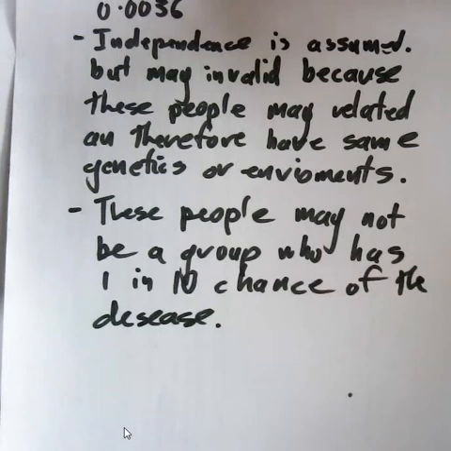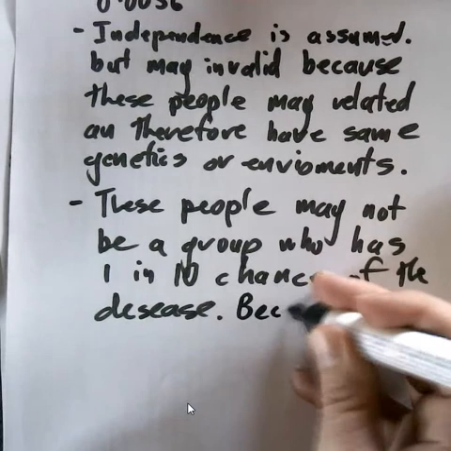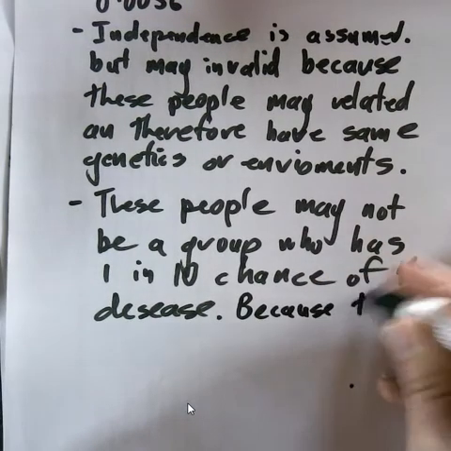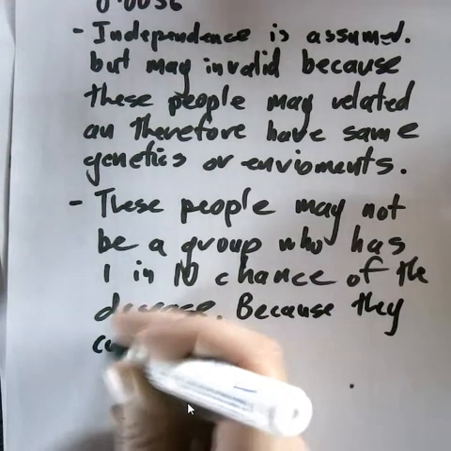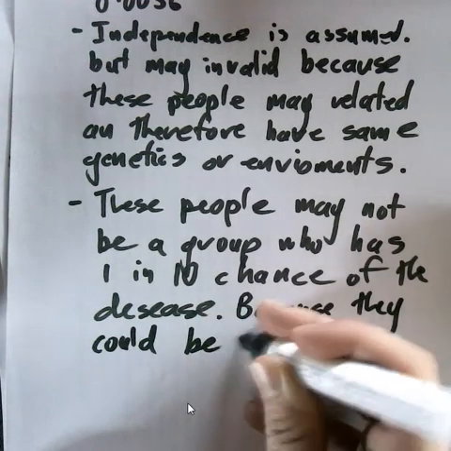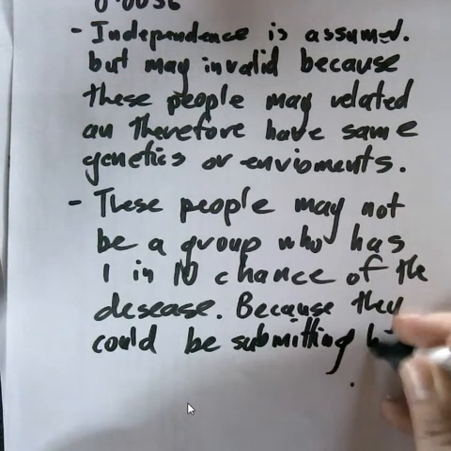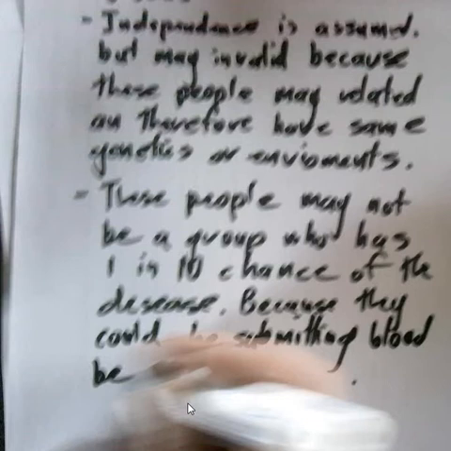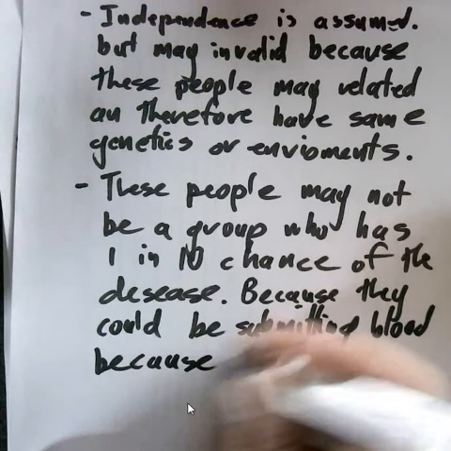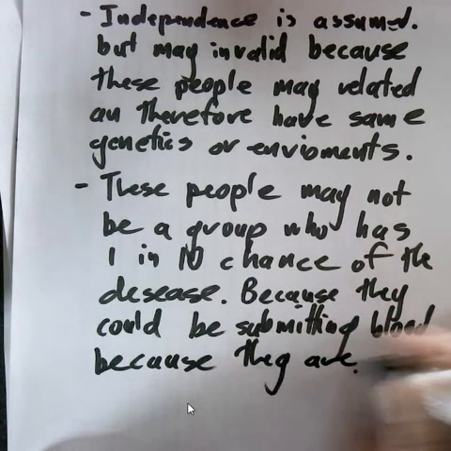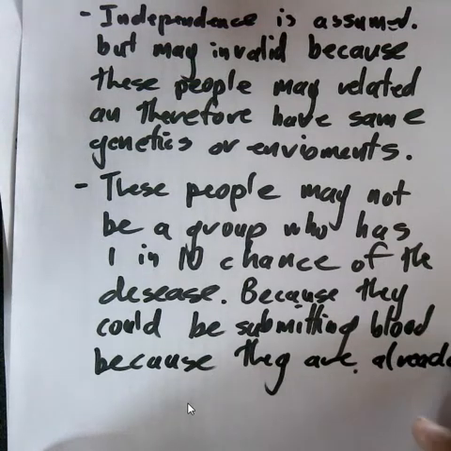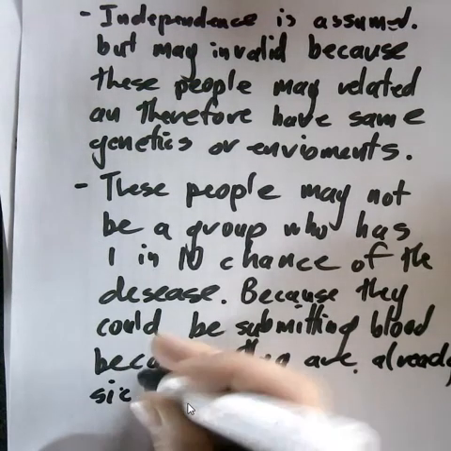I need to think about what reasons they might have to be higher risk than what we're saying. So here's an example. Because they could be submitting blood because they're already sick, or have some symptoms.